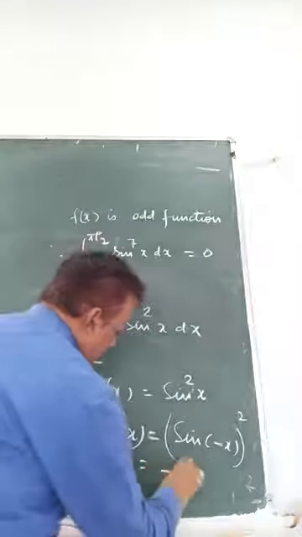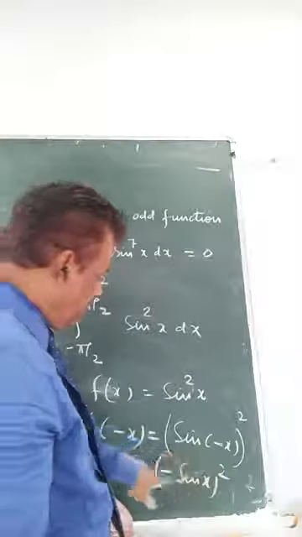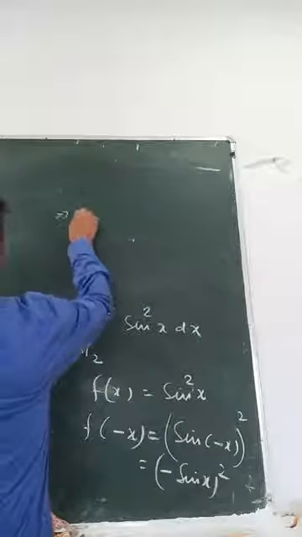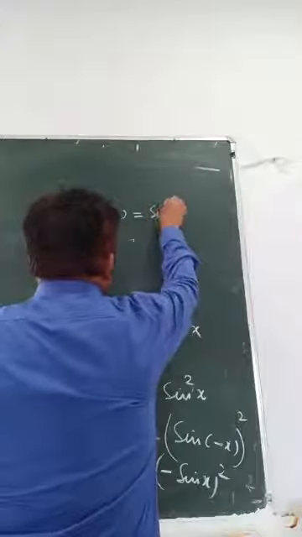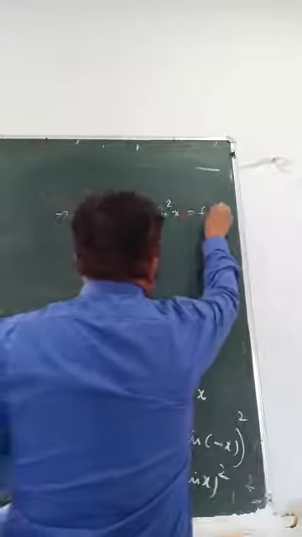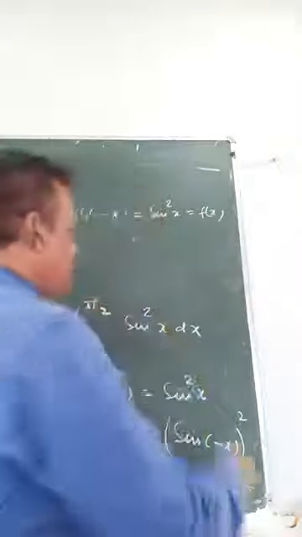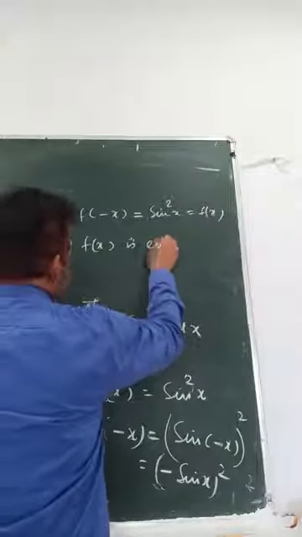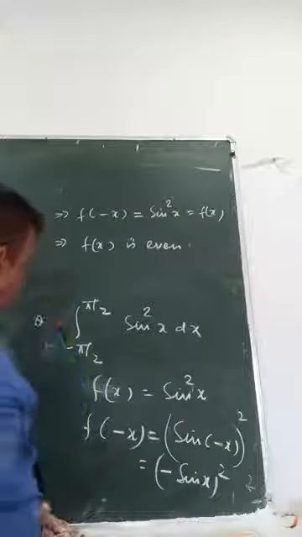So it is minus sin x squared, but the square of minus will be positive. So f of minus x equals sin square x, which is f(x). So f of minus x became f(x), which means f(x) is an even function.